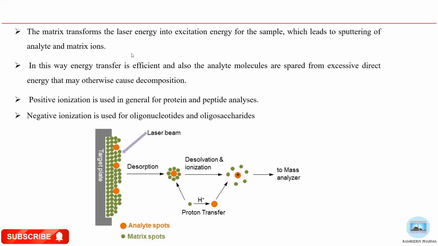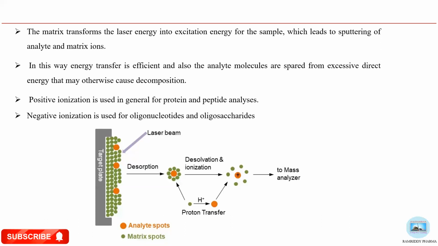First the matrix undergoes ionization, so at that time it has some energy. The energy generated from the matrix ions is transferred to your analyte molecule. The excess laser energy is stopped at the matrix only. Only the required amount of laser energy is transferred from your matrix to the molecule.